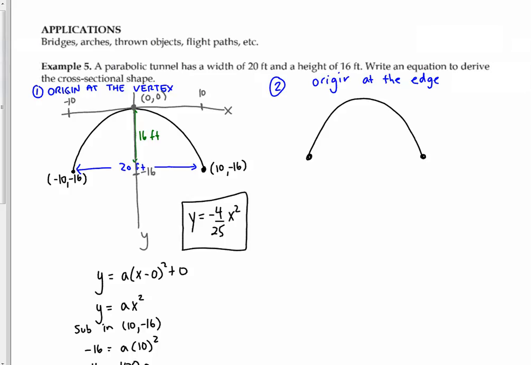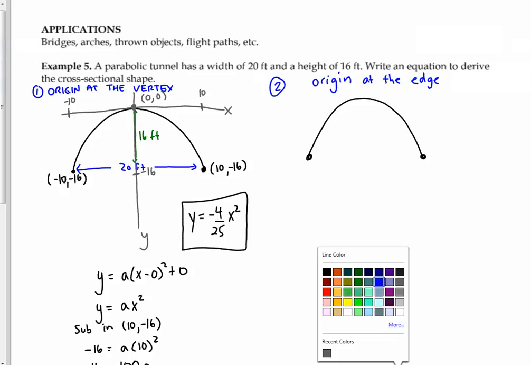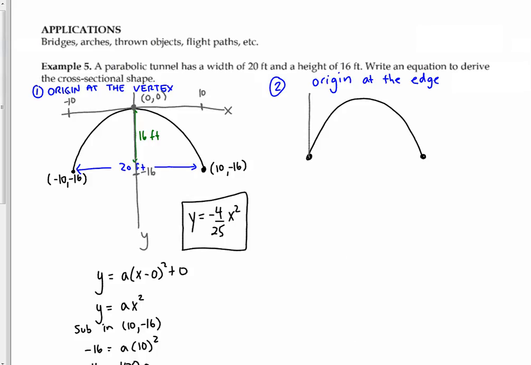So we're going to have our y-axis here and our x-axis here, which is what a lot of you probably would have done in the first place. Our shape is still 20 feet wide and 16 high.